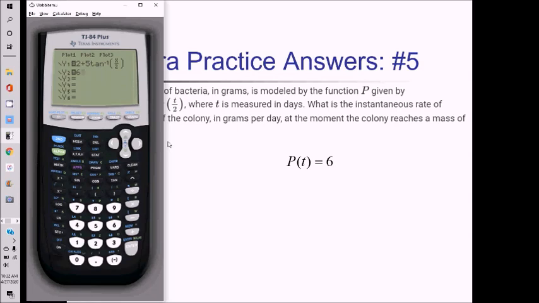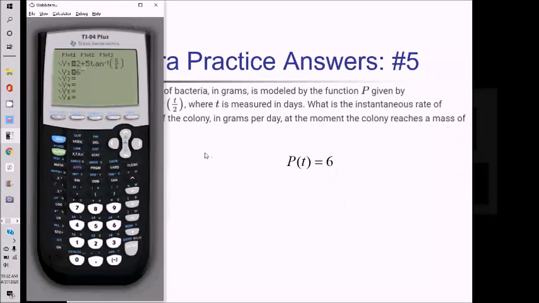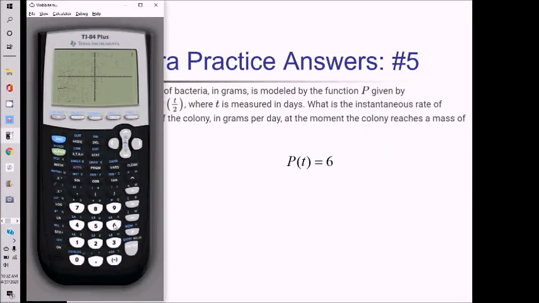I have no idea what window to use, and I'm not getting a whole lot of guidance from anything in this problem. So I'm just going to use a standard window, 10 in every direction, zoom 6, and hope for the best. And if I don't see where they intersect, then I'll just move my window further out. So there's the bacteria.